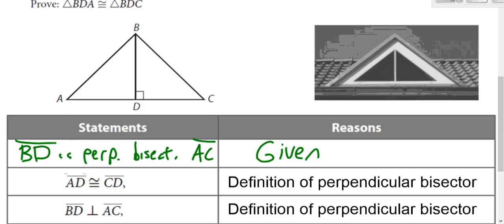So since it's a perpendicular bisector, that means they are perpendicular. And it's a bisector, which means it cuts it in half. So if it cuts AC in half, it creates two congruent pieces. AD is congruent to CD. Specifically, that's the bisector part of perpendicular bisector.